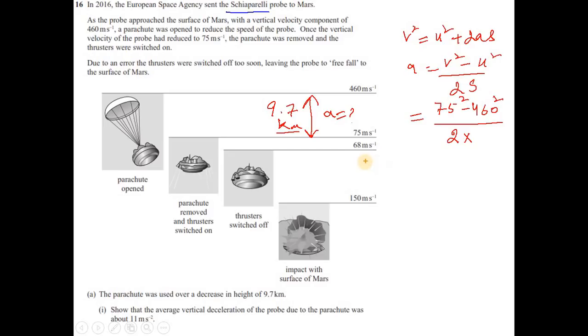Don't forget to convert kilometer into meter, this is 9700. Once you solve the right hand side, acceleration will be equal to minus 10.61, or 10.6 m s^-2. This is your acceleration during the first fall due to the parachute.